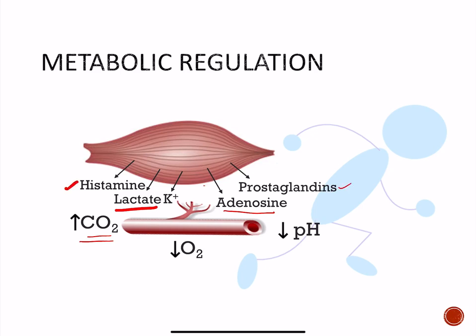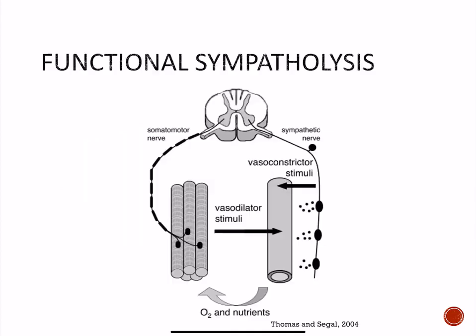Histamine, prostaglandin, some big vasodilators. If pH is dropping, vasodilation occurs. So local factors that are being released from skeletal muscle when that tissue is metabolically active actually cause a local vasodilation, which is the trigger to increase blood flow and increase oxygen delivery.